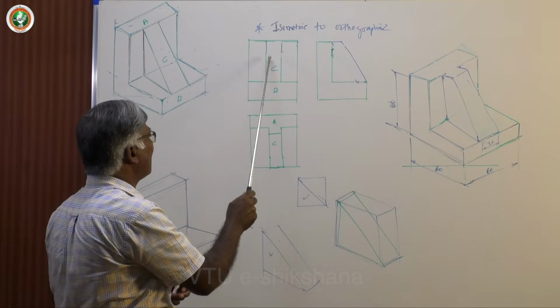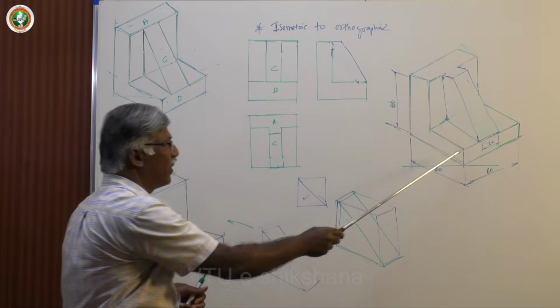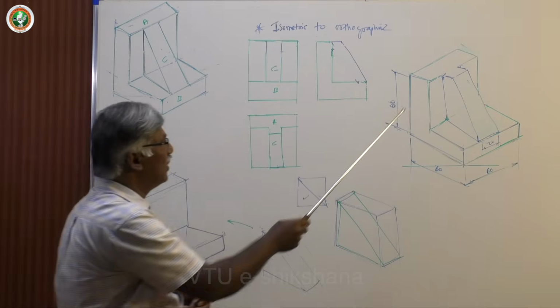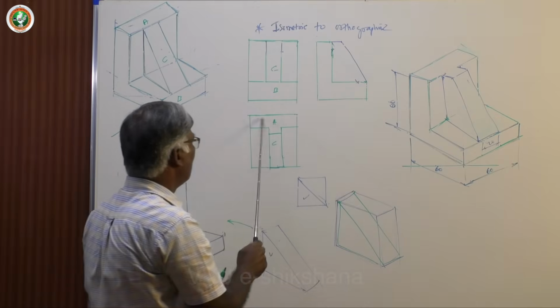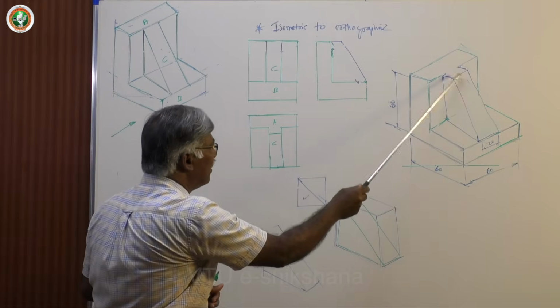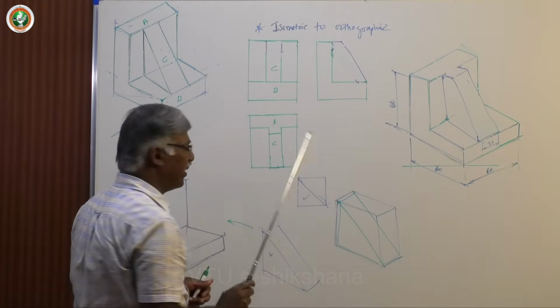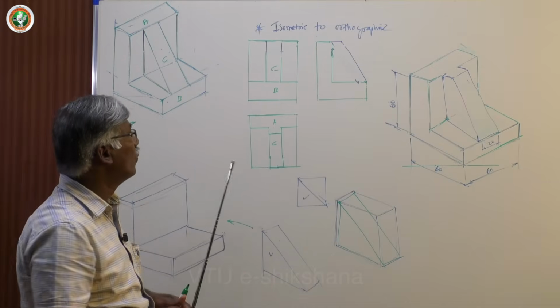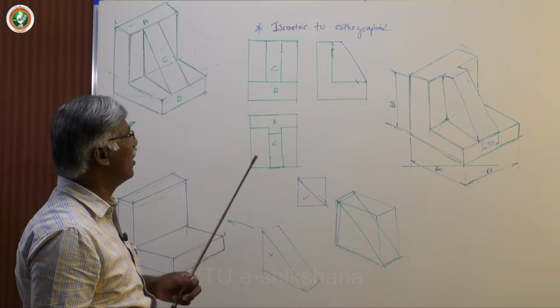Even though it is an apparent shape, it is visible till this point, this edge, this edge. Yes. Now in the top view, this contour is visible. It's a single surface, and from this point it will join the front edge. So this is how you get the conversion of isometric to orthogonal.